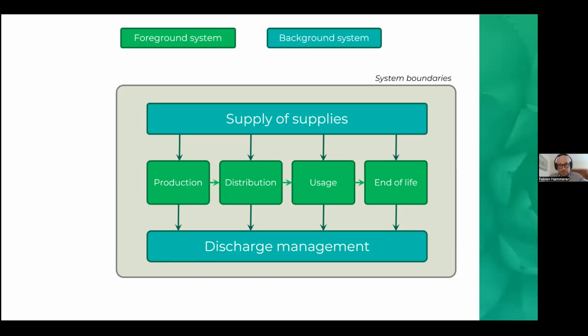And the life cycle inventory also can look and take into account how the supply of supplies management and discharge management background system elements interact as well. And what life cycle assessment truly relies on is how all of these taking place within system boundaries that were defined at the scope level interact with the environment.